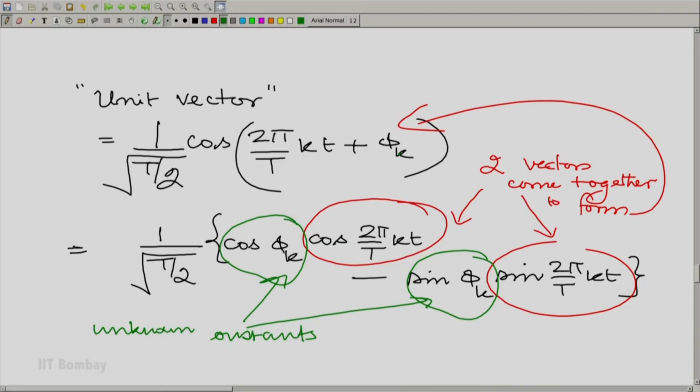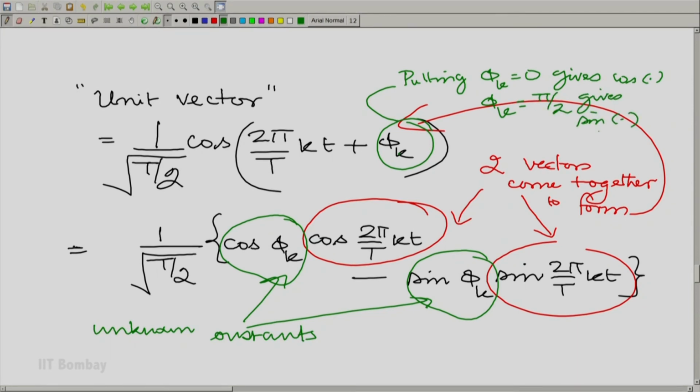So, I do not need to work again to find a unit vector. I already have it. Look at the expression here: putting phi k equal to 0 gives cos, putting phi k equal to pi by 2 gives sine. So, I do not need to find the unit vectors separately.